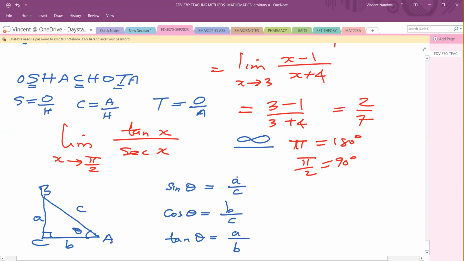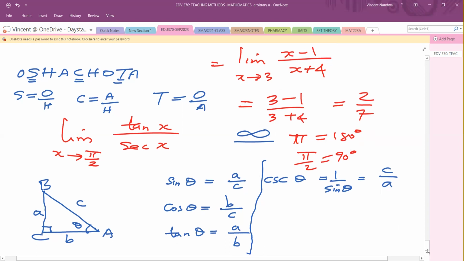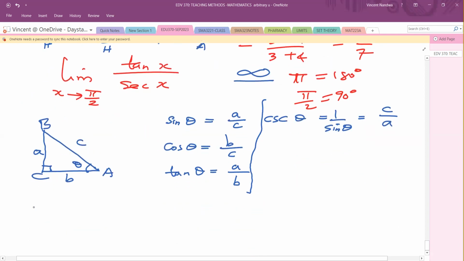Haya, sasa kwa hizi kuna others, tukitafuta reciprocal hizi tunapata other trigonometric ratios. So what we call cosecant is 1 over sine. So which will just be C over A. Sasa in full inaandikwa cosecant, tunaabbreviate kama cosec. Sawa?